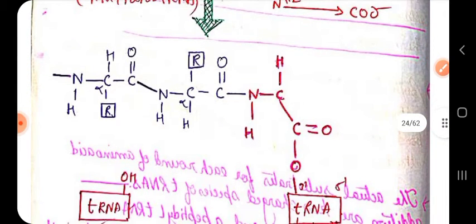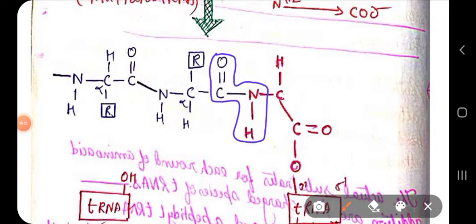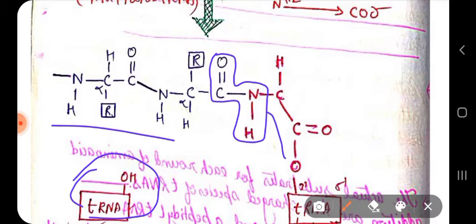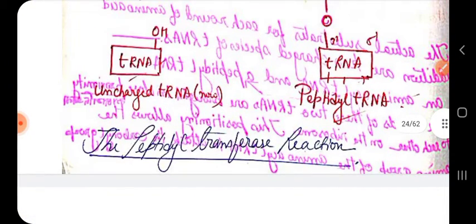A peptide bond has been created between the two amino acids, and in this way the peptidyl chain is transferred to the aminoacyl tRNA, which now becomes a peptidyl tRNA, and this tRNA becomes an uncharged tRNA because it has no amino acid attached now. So this is the peptidyl transferase reaction done by the ribosome.